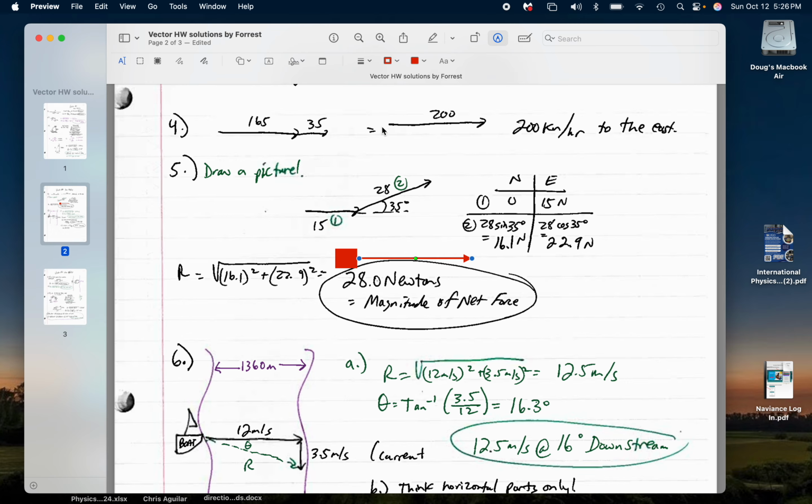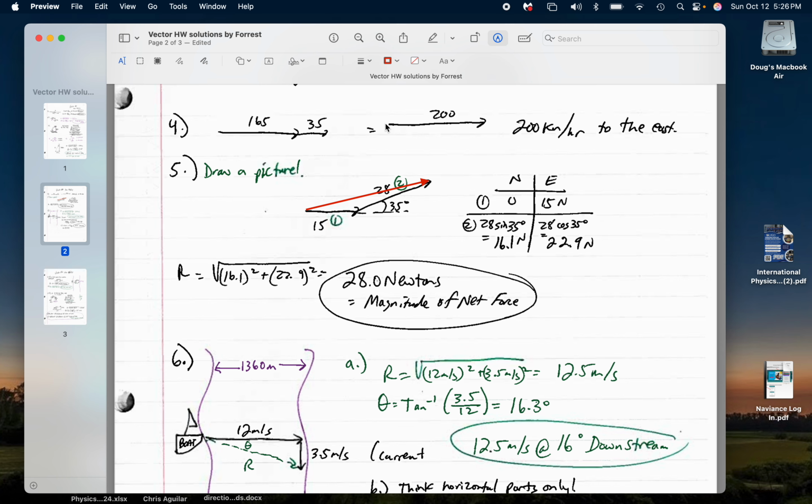There we go. So with this vector, if I start here, I'm showing a 15 to the east, and then I'm doing 28 newtons at 35 degrees north of east. It really doesn't matter. It just needs to be 35 degrees different.